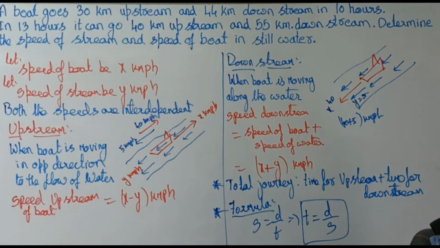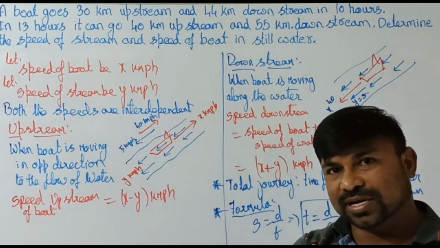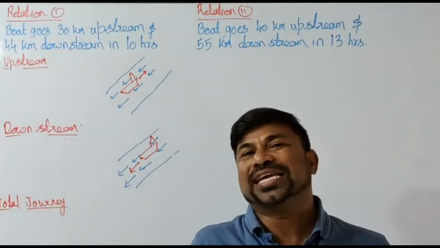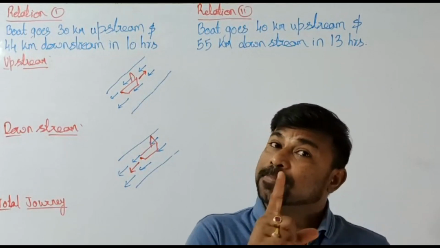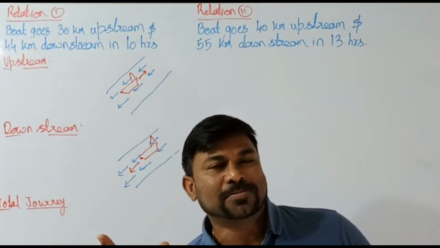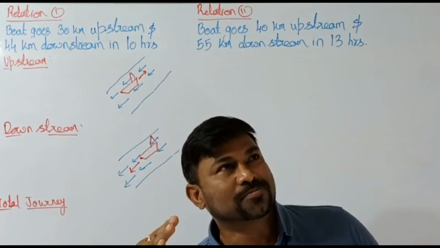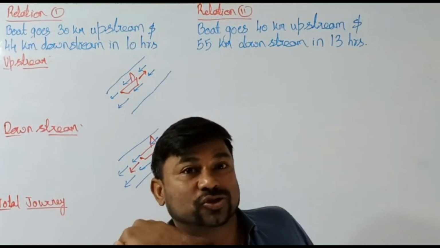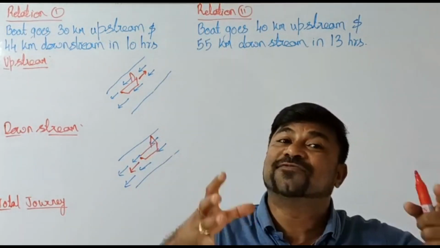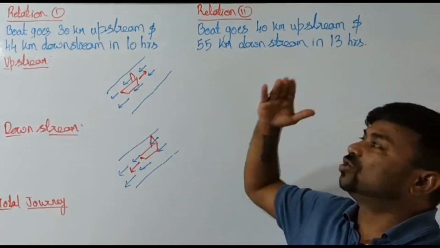Working on this, let's work on the two cases he has given here. Hope you are able to understand. A journey consists of both upstream plus downstream. The time taken for upstream and the time taken for downstream, the total times together is the time for the total journey. Now, what is the relation he has given?